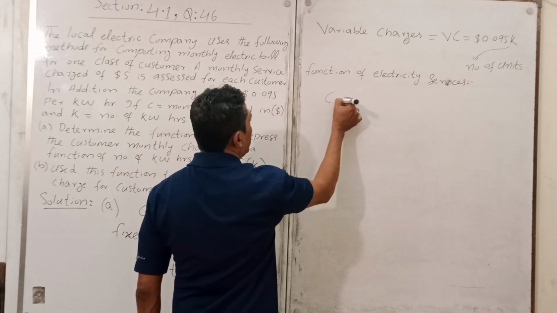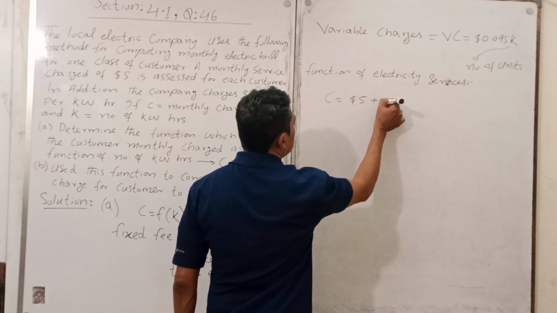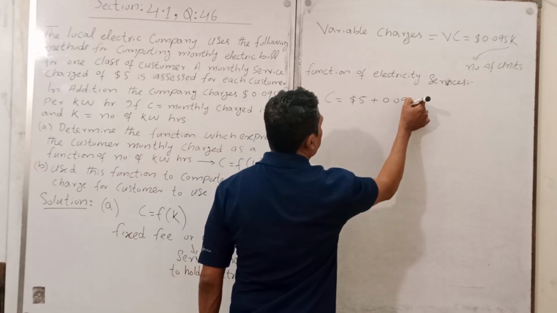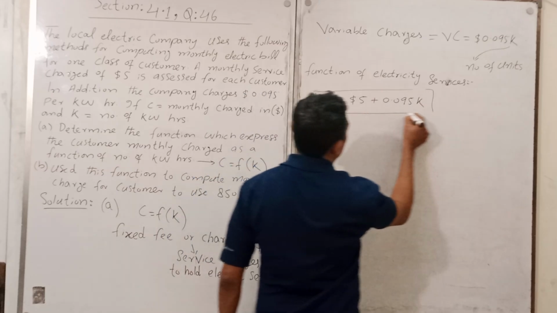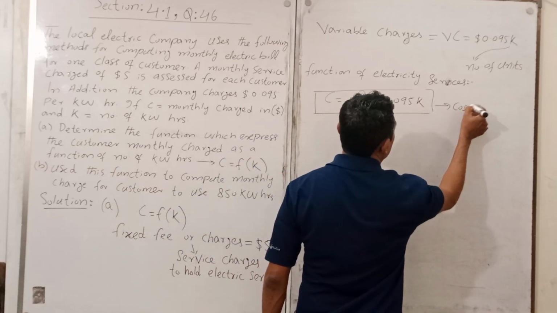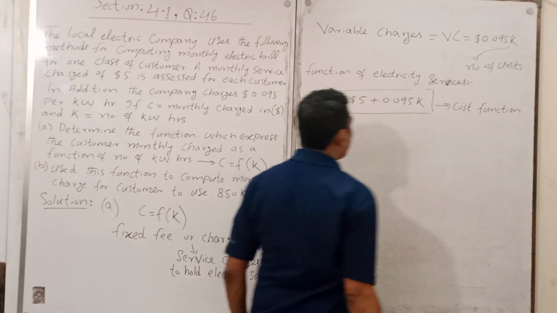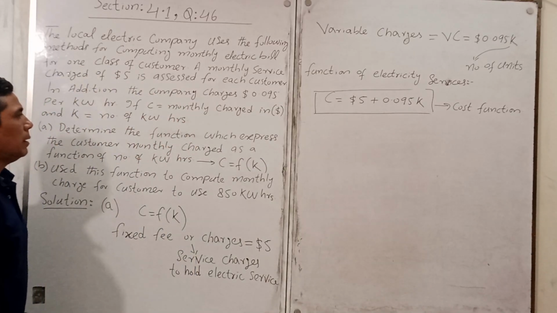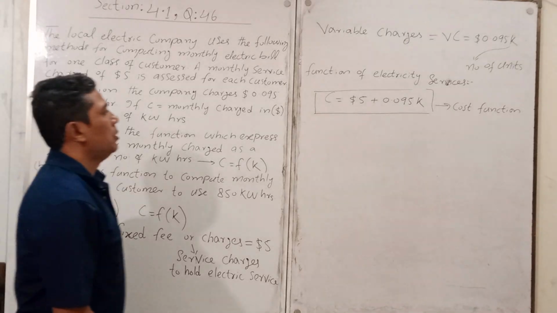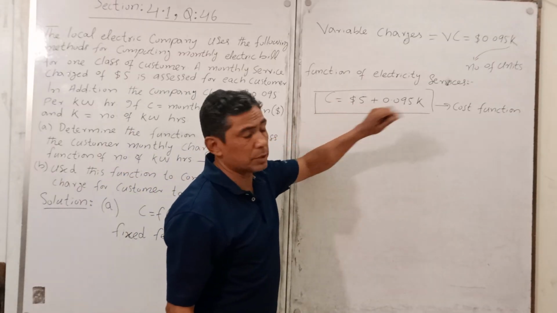What will it be? C equal to $5 plus 0.095K. This is your cost function. This cost function has a fixed cost of $5, and this is the variable cost.